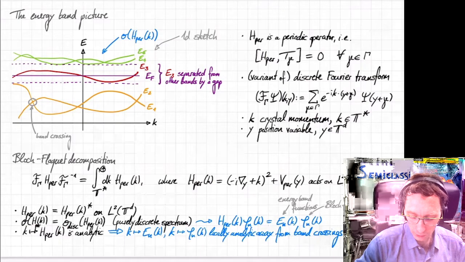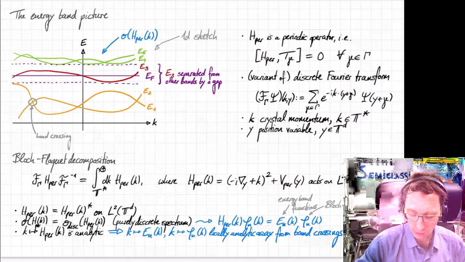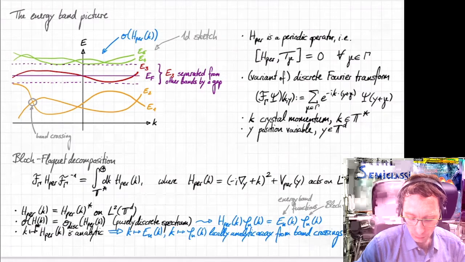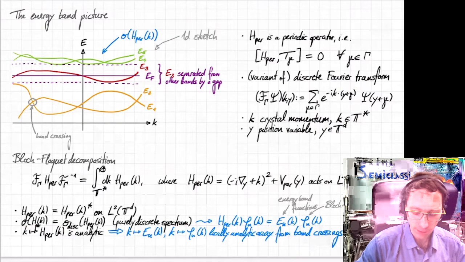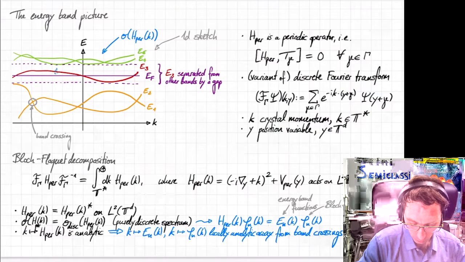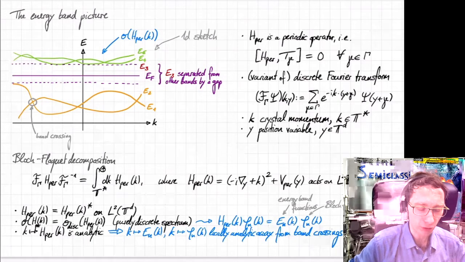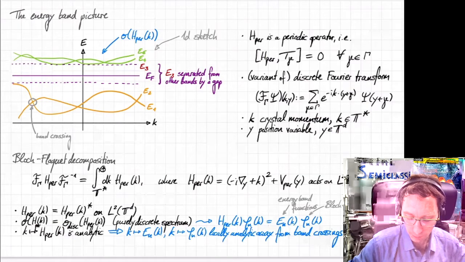Furthermore, you can ask, what is the distinction between a metal and an insulator? The distinction is relatively simple. If EF intersects with an energy band, it also means there are states near the Fermi energy. But I can pretend that I have a second material where the band E3 is simply absent.